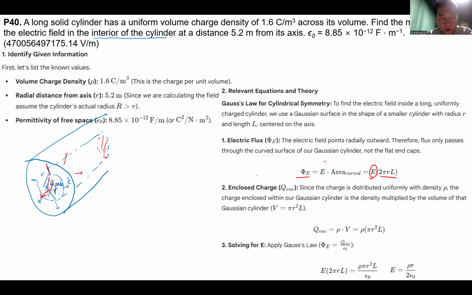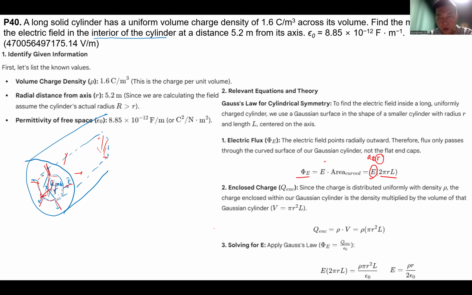So note that we are going to assume that the electric field is constant at this surface. Because if you think about it, it's a cylindrical symmetry. There is no reason it will depend on a certain angle, so it should be all the same here. Okay, so we are taking E as a constant at position r.